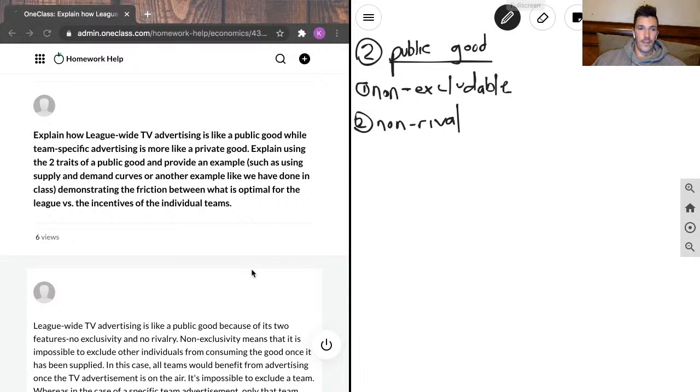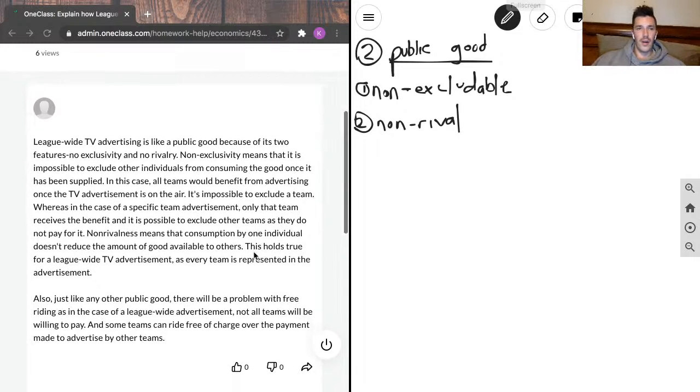They're a private good. So our junior tutor has said that league-wide advertising is like a public good because of its two features, non-exclusivity and non-rivalry. Non-exclusivity means that it is impossible to exclude other individuals from consuming the good once it has been supplied. In this case, all teams would benefit from advertising once the TV advertisement is on the air.